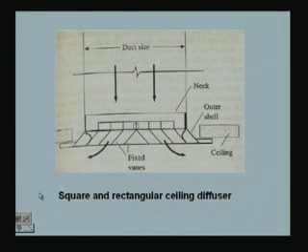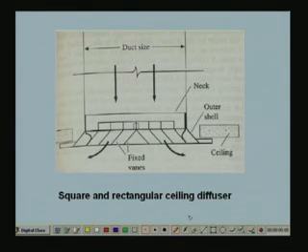Yes, this picture shows a schematic of a ceiling diffuser. Cold air comes from, as you can see, this is your cold supply air. It comes like this, and you have the concentric flow areas through which flow takes place. And this is two dimensional, that means it can be either square or rectangular.